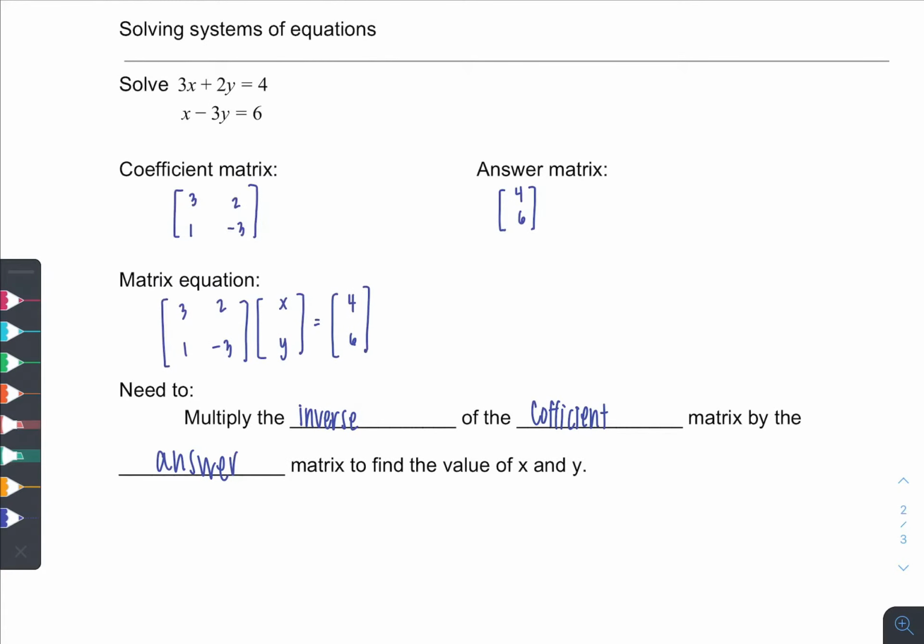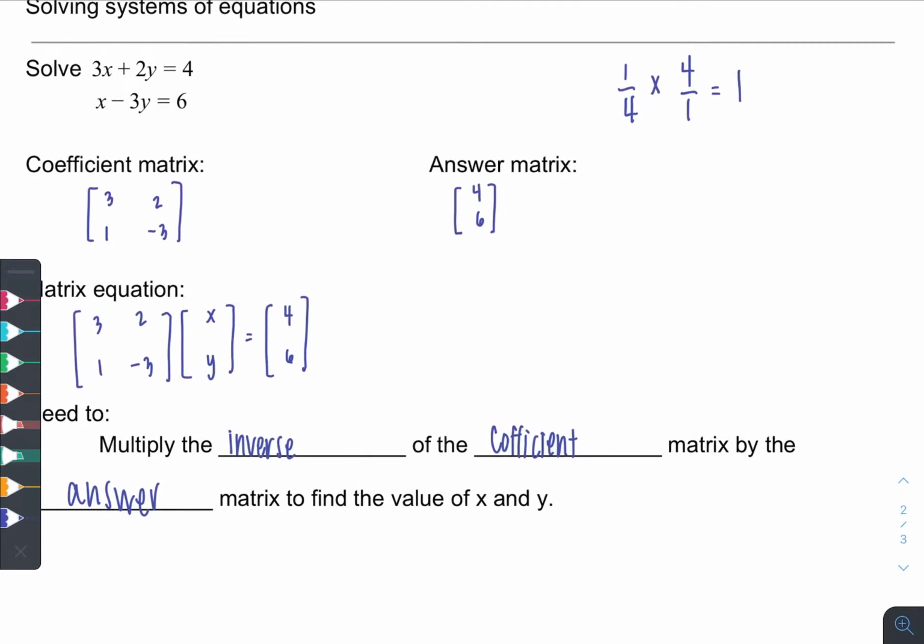So if we multiply by the inverse, the coefficient matrix is going to go away. Just like when you multiply a fraction, if we had 1/4 and we multiply by its inverse, 4 over 1, we get 1. So it's the same kind of concept. So let's go ahead and look through that.